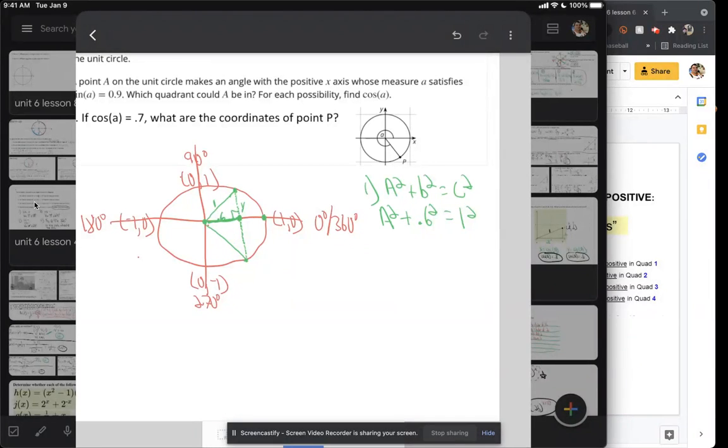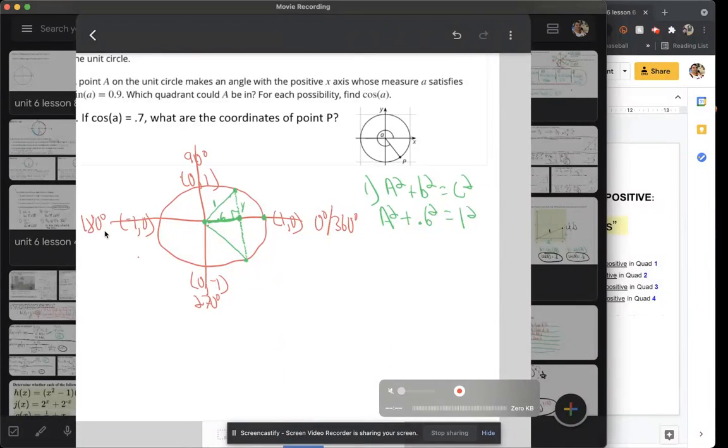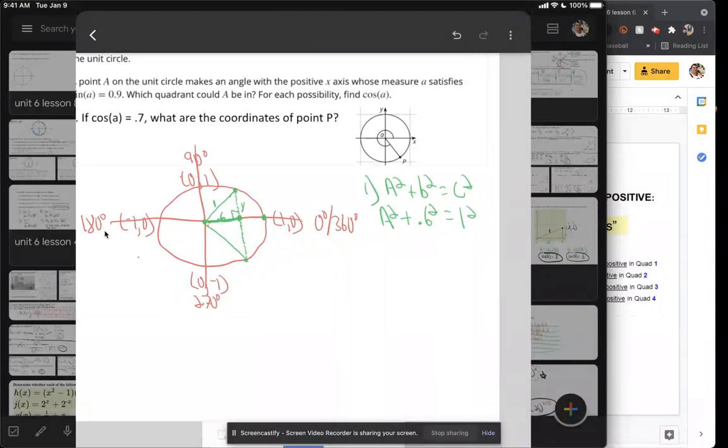So we've done examples like this before. If we simplify that, 0.6 squared, that's 0.6 times 0.6, which is 0.36, and 1 squared is 1.